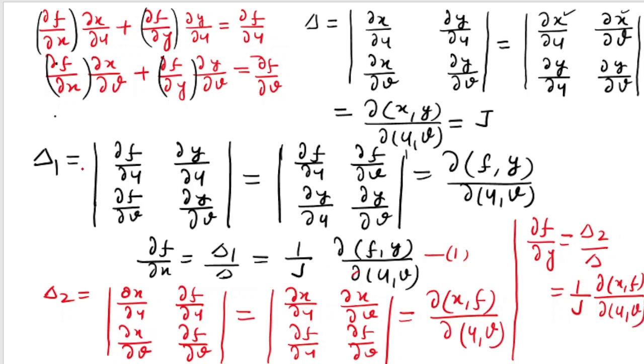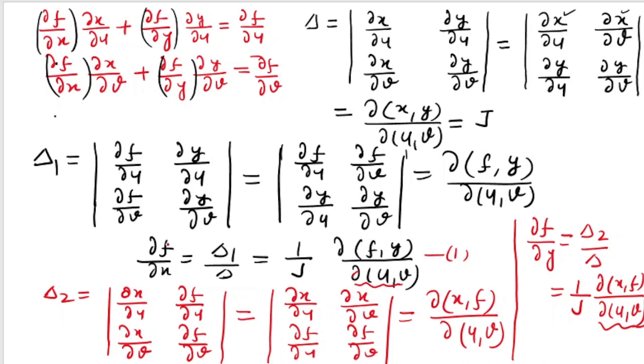So I have got the first result, that del f by del x is 1 by J, where J is the Jacobian, del of fy by del of uv, and del f by del y is 1 by J del of xf by del of uv. How to remember it? You see, 1 by J is the same in both cases. Del of uv, the denominator, is the same in both cases.